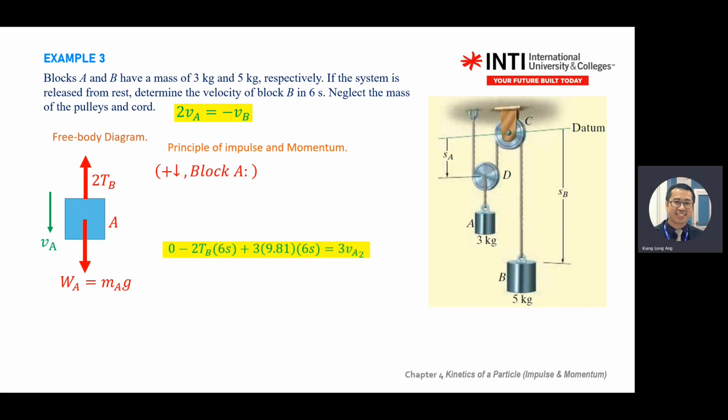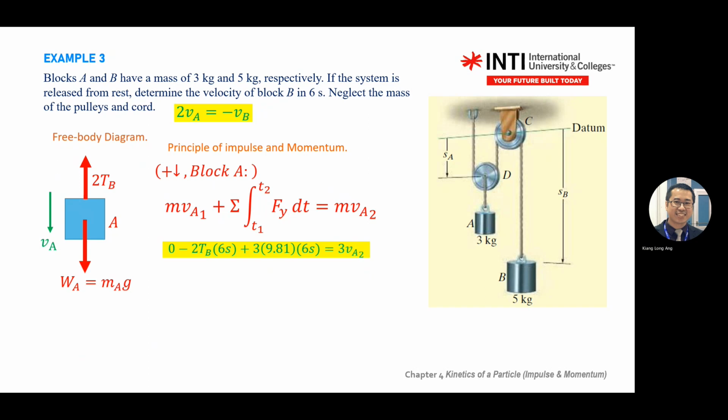So block A, principle of momentum, you write mv1 plus impulse equal to momentum number 2. mv1 is from rest, so 0. Impulse, you have it as long as you have force, here is all the force. So you look at your free body diagram. You have weight and the rope.